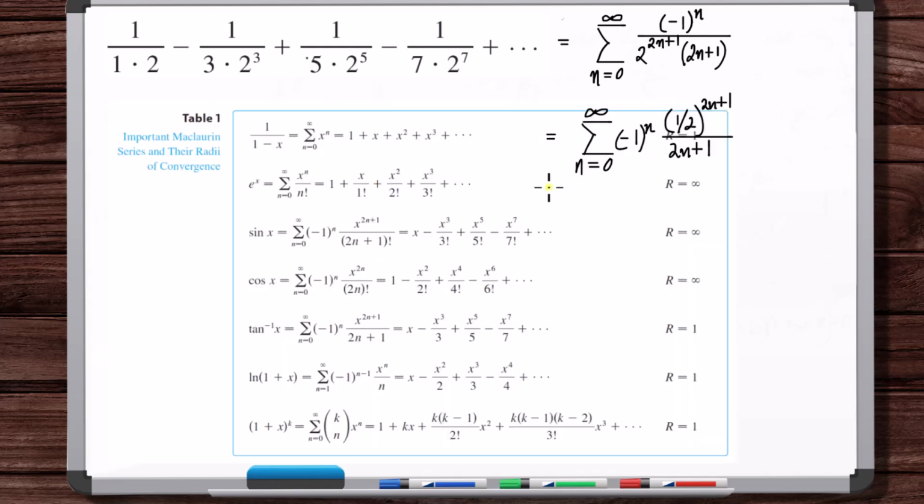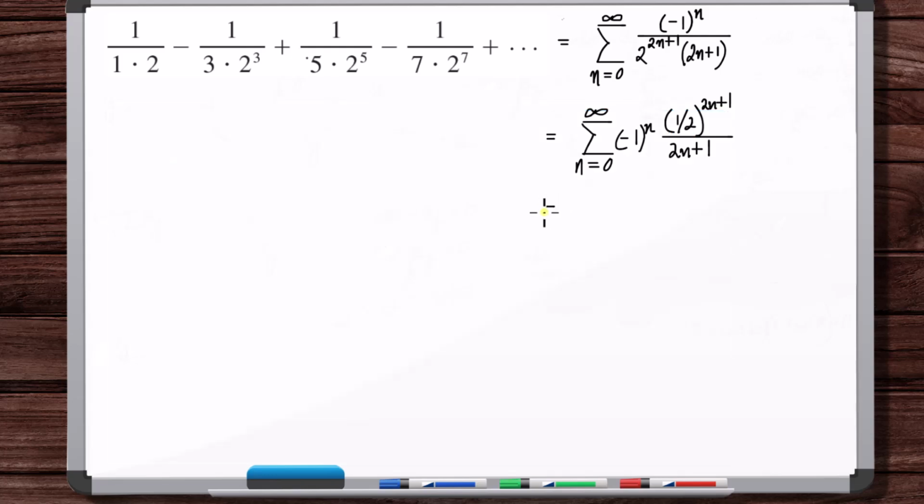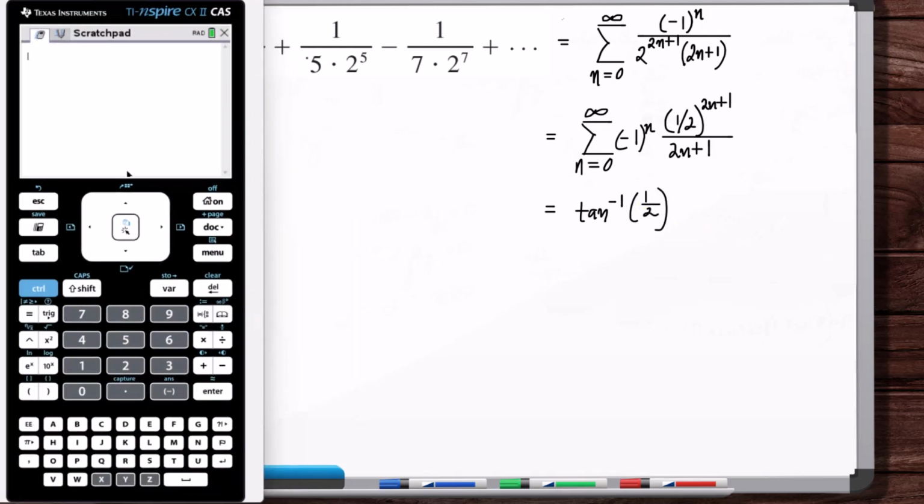And that we can see matches this here with x equal to 1/2. So let's see if that comes out to anything finite, or if there's a more exact answer than this. No, so that's it.